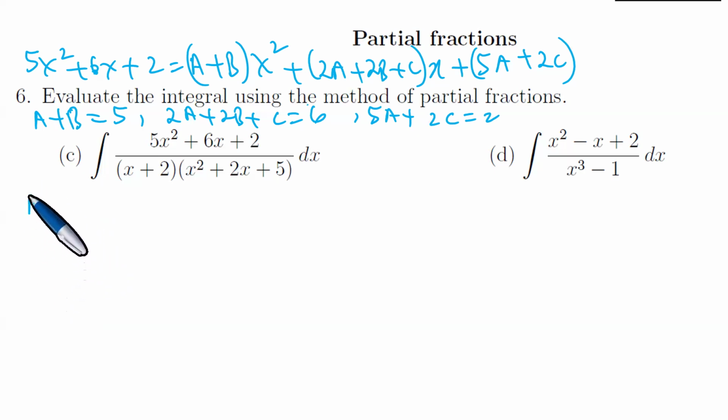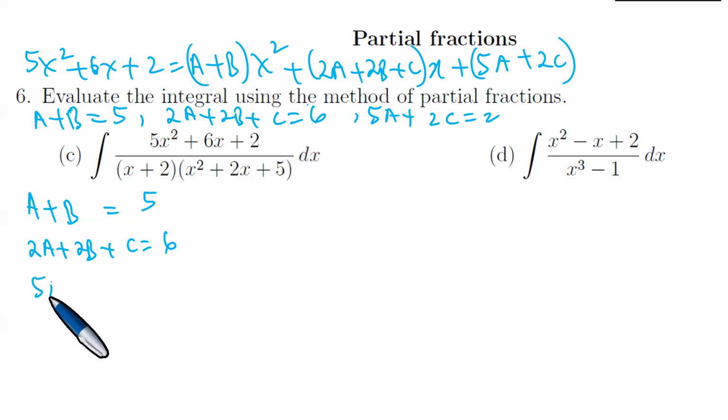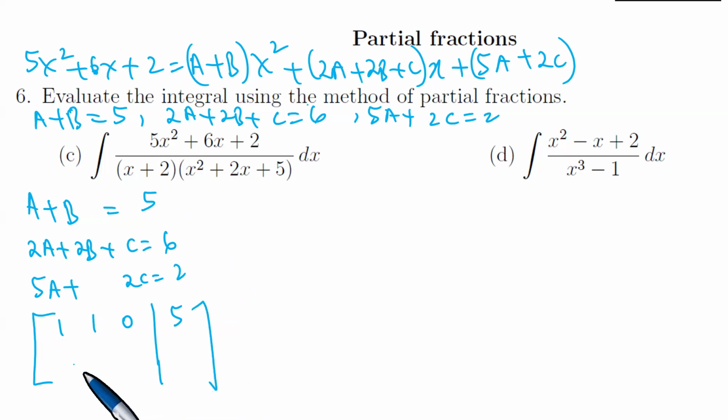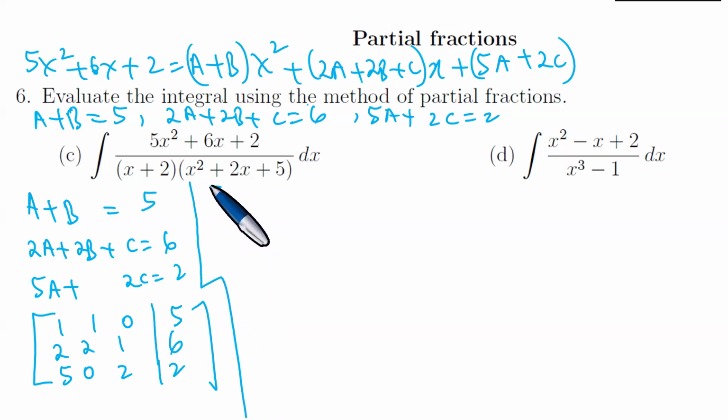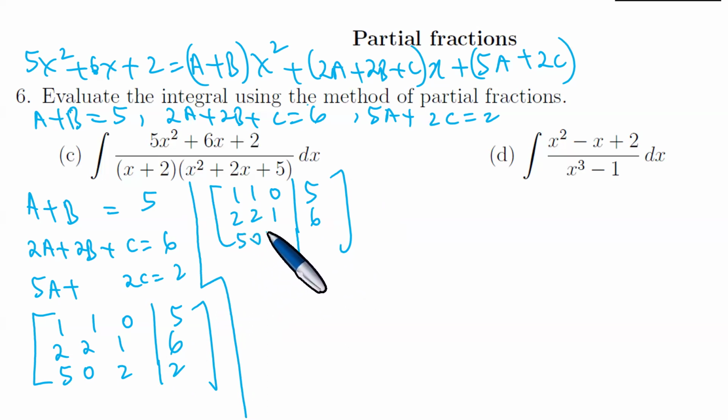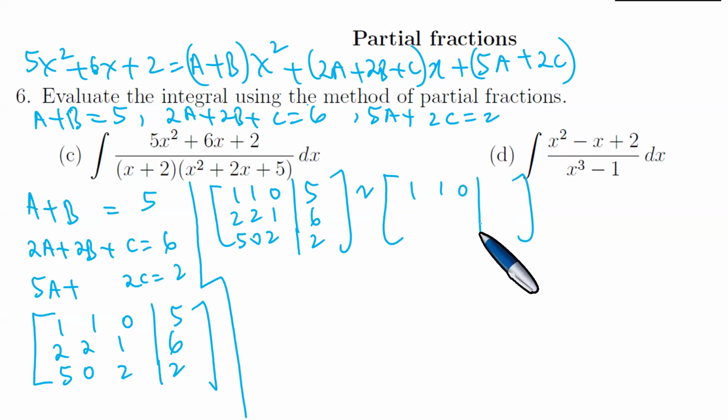So we need to look at a plus b equals 5. 2, 2, 1, 6; 5, 0, 2, 2; 1, 1, 0, 5.